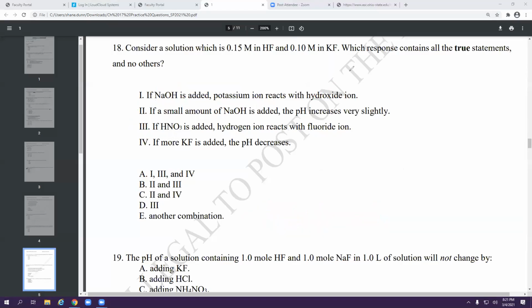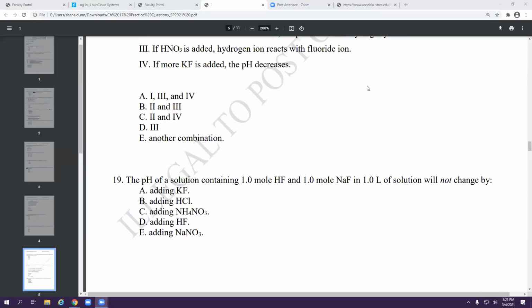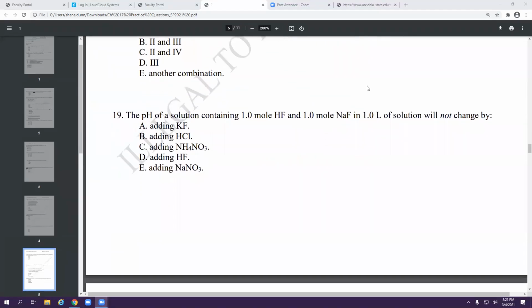Moving on to 19. Which one will not have a change in pH value?